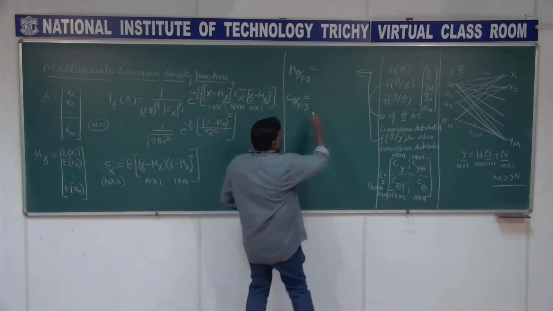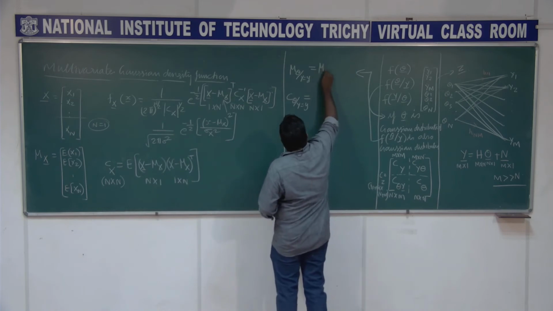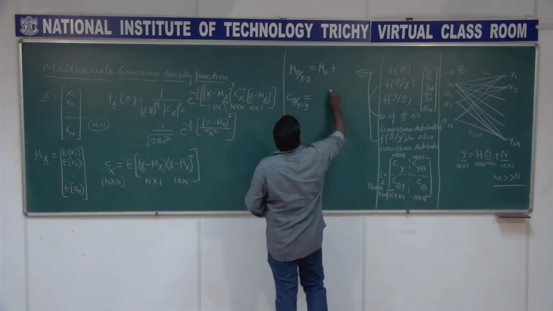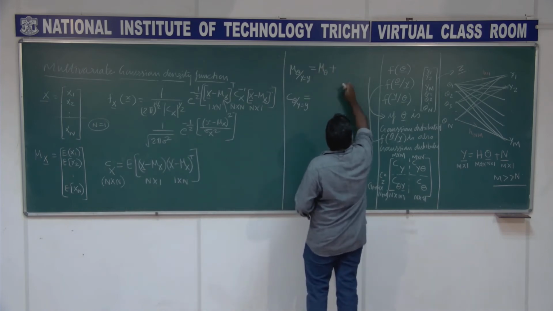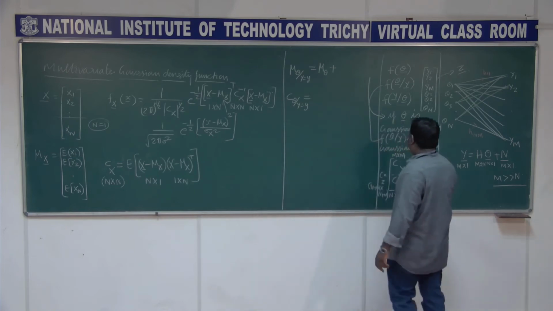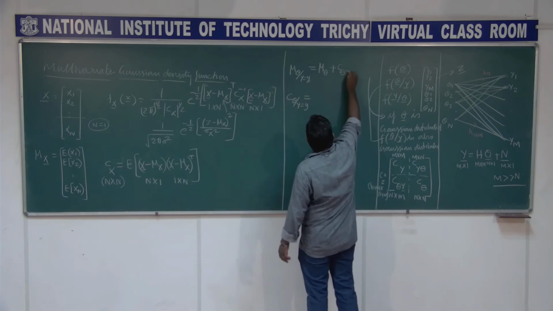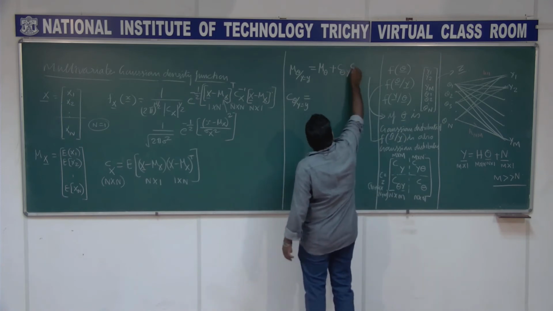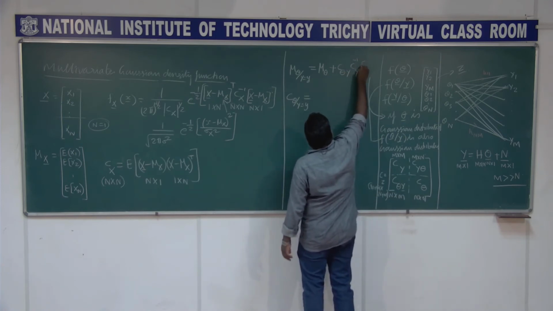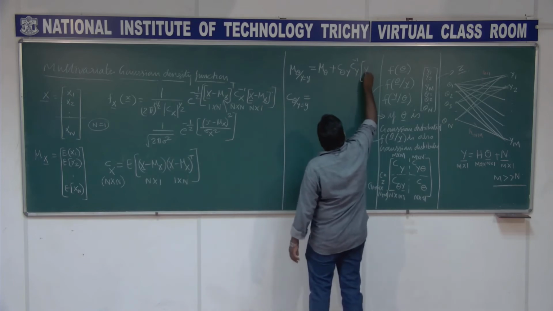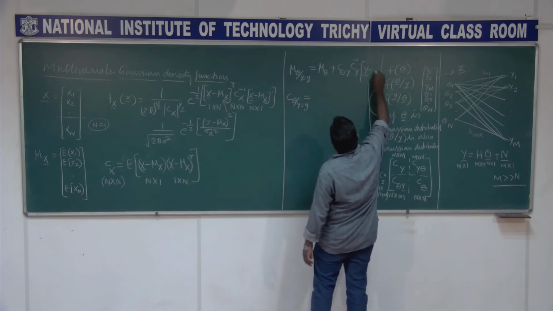The mean vector is given by mu theta plus C theta y, C y inverse, y minus mu y.